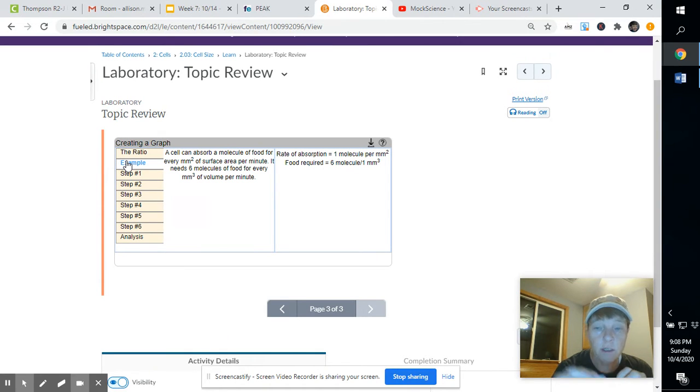So since this is 4, that would be 4 parts of food for that size. But in case of this, there's also 6 sides, so each side can absorb that much food. So here's the rate of absorption, 1 molecule per millimeter squared, but it requires 6 molecules per millimeter cubed, to the third power. So that's the volume. So surface area and volume, how much will fit into that whole three-dimensional thing.